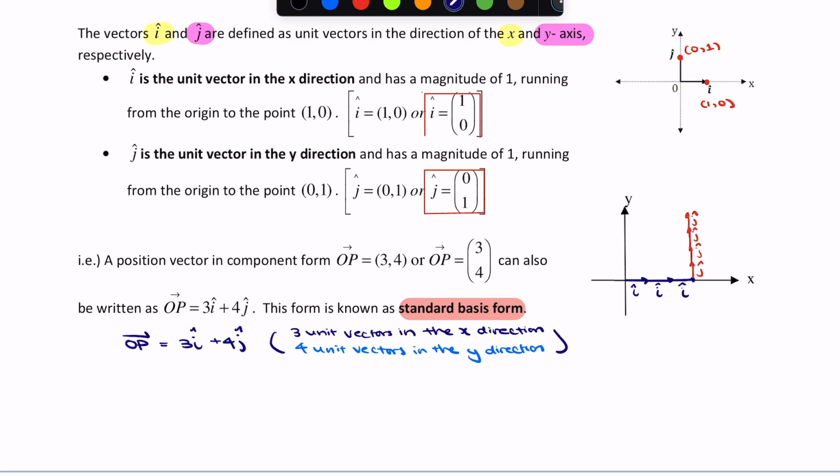And that would be our vector, at point (3, 4). Vector OP represents our position vector, and here represents our vector equation.